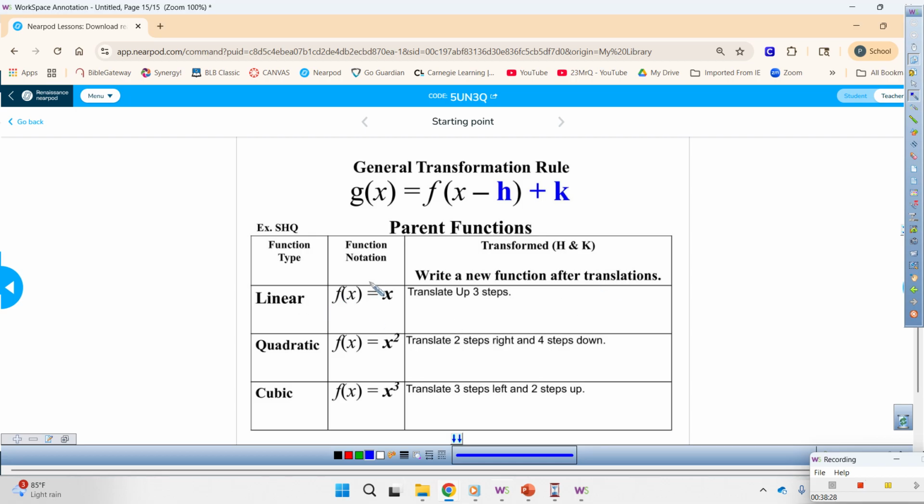So here's our parent function. What's my parent function? F of x equals x. Yes? All right. But then it says, translate up 3 steps. So what would we write? G of x equals x plus 3. That is correct.